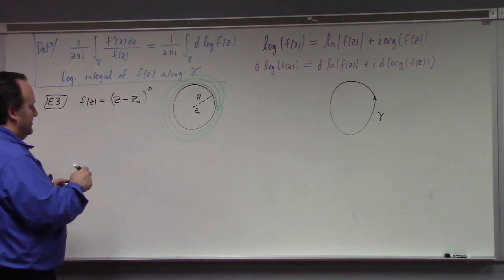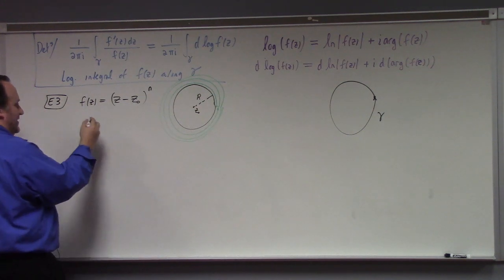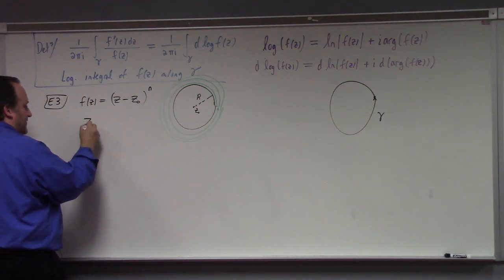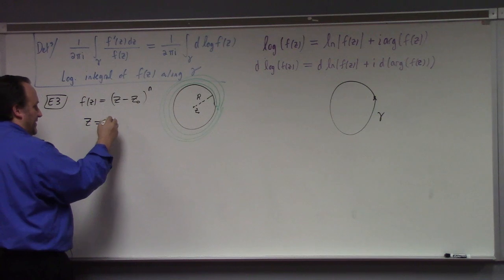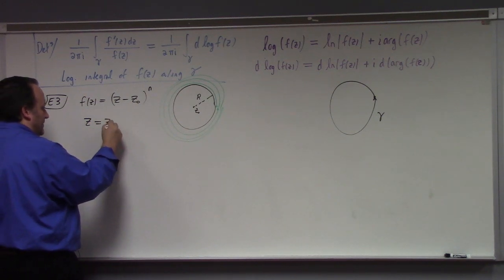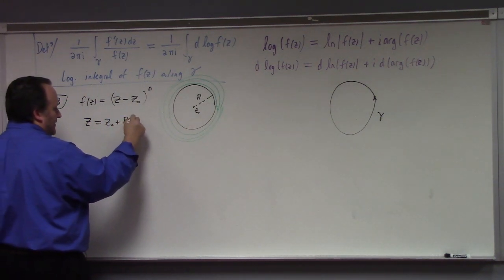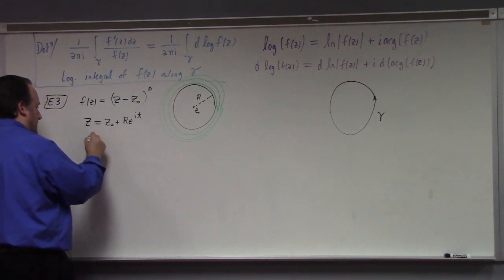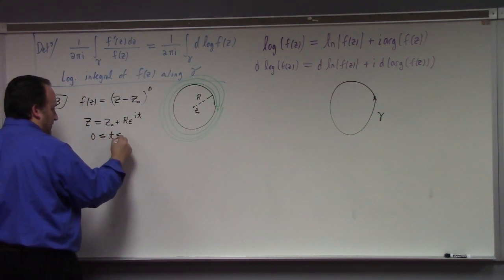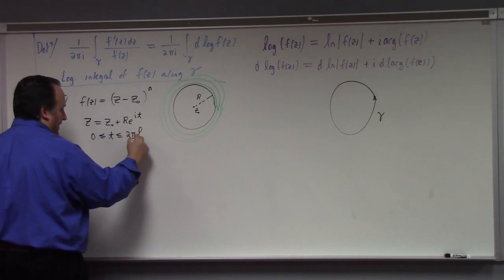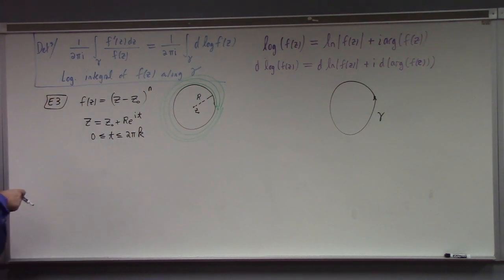So the parameterization of the circle, as we've known for some time now, is z naught plus r e to the i t, and here's where we get the k-fold covering, 0 less than or equal to t less than or equal to 2 pi k. If I put k equals 2, we go 0 to 4 pi, k equals 3, 0 to 6 pi, and so forth.